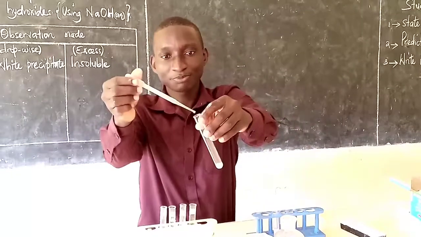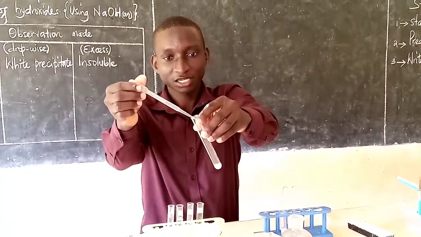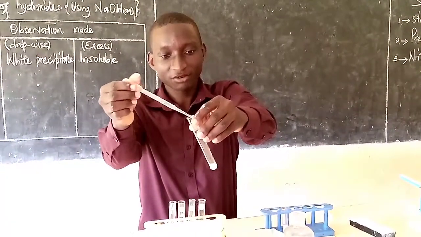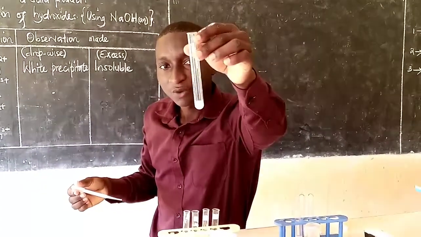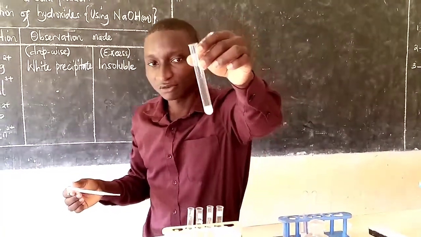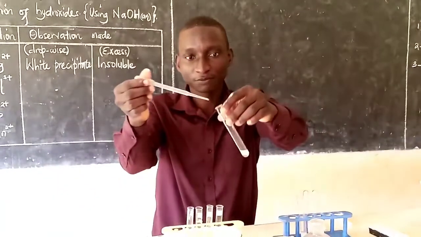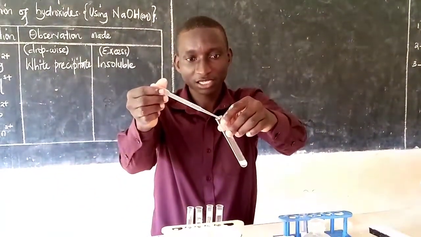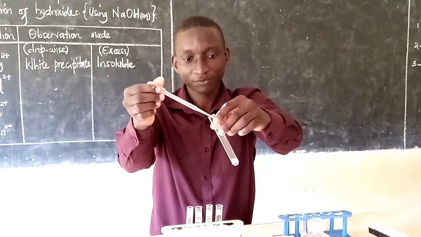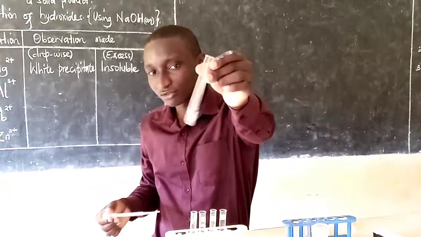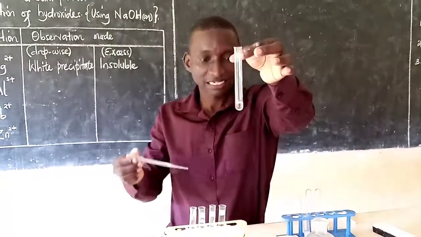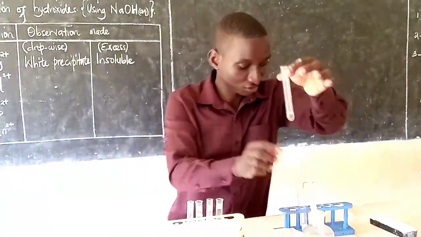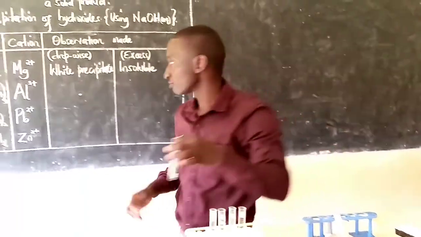We come and put just a drop. When we add the drops, what do you see? There is a white precipitate that has been formed. When you just add the drops, then when we bring the excess and you try to shake, what do you see that has taken place? The solution has turned out to be what? Colorless.